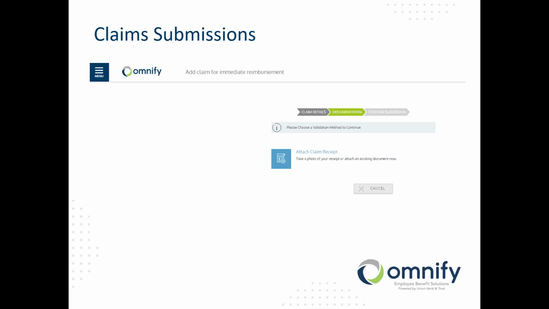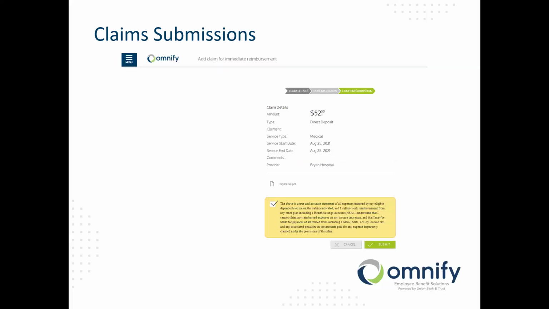So just ensure that you're not submitting a live photo. Scans of receipts or forms work perfectly as well. But once you've uploaded that document, a submit button will appear, and then you'll click submit to complete that process.